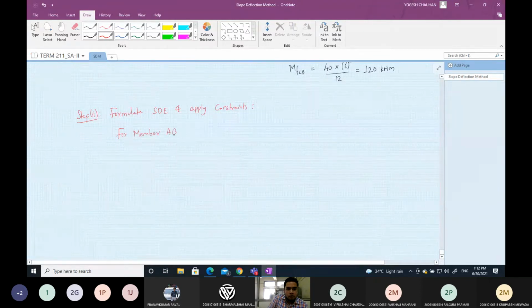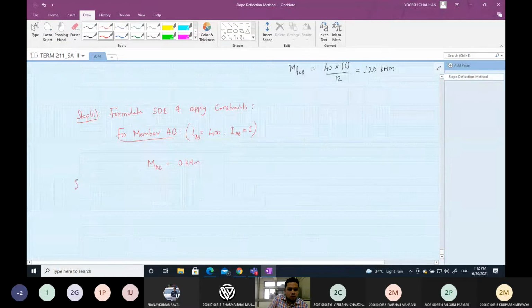For member AB, length is 4 meter and IAB is equal to I. Delta AB equal to 0.